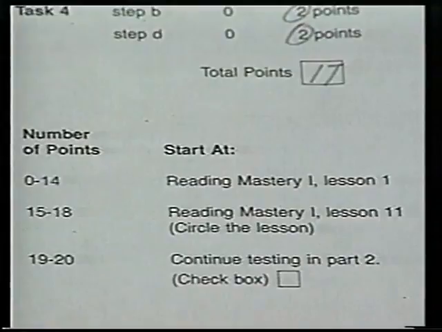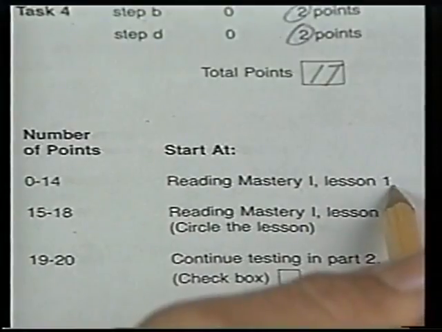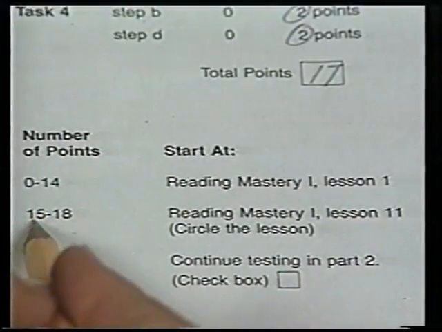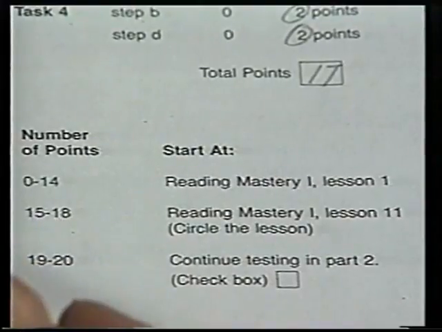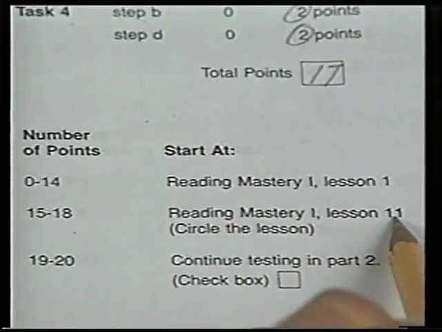Now look at the bottom of the score sheet or the bottom of page 7 Teacher's Guide for placement information. Note that children who made 0 to 14 points may begin Reading Mastery 1, Lesson 1, if they have the prerequisite language skills. More on that prerequisite in a minute. Children who scored 15 to 18 points, like Mary did, begin with Reading Mastery 1, Lesson 11.